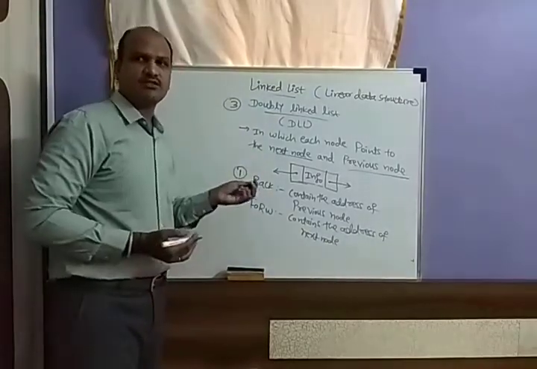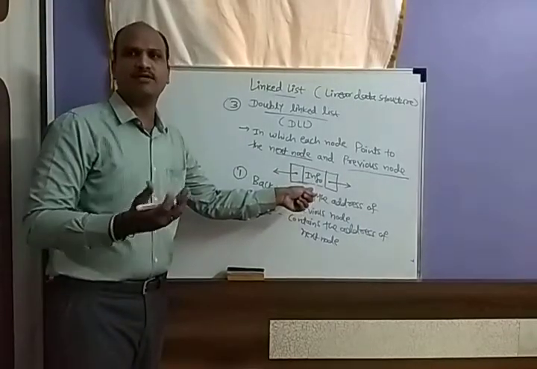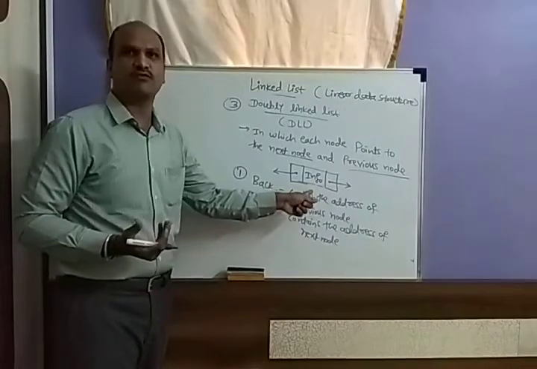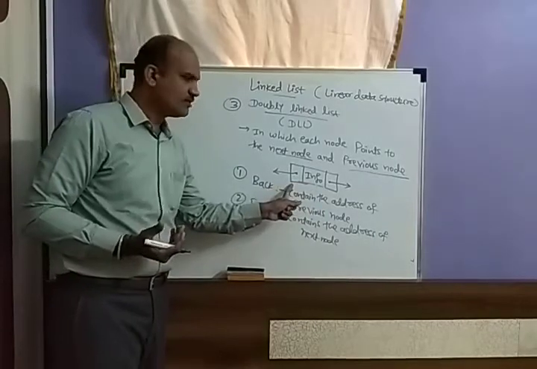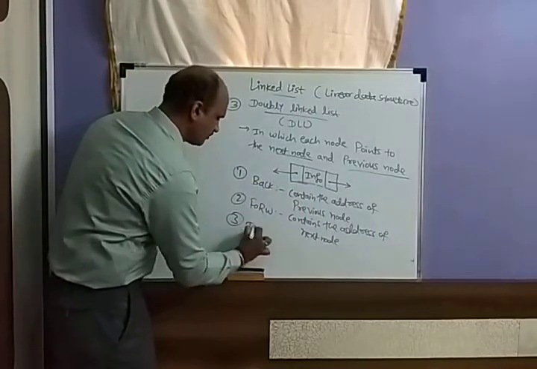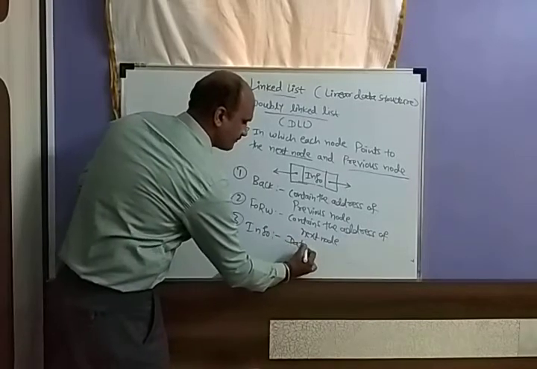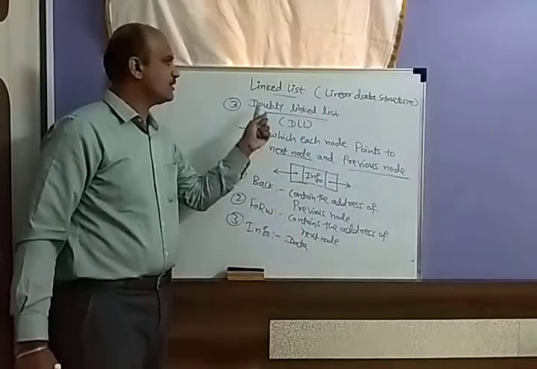And the other one is information, which is the element present in the list, the data. So there are three parts, and these are the three parts of your doubly linked list.